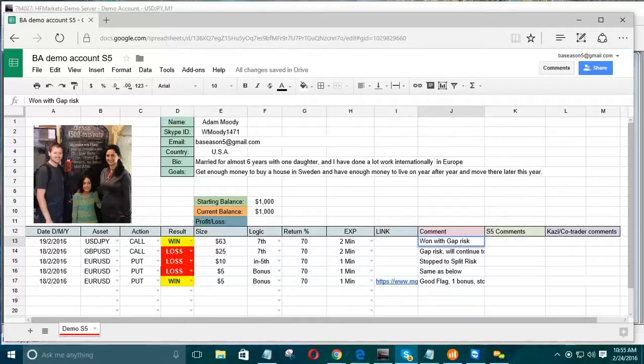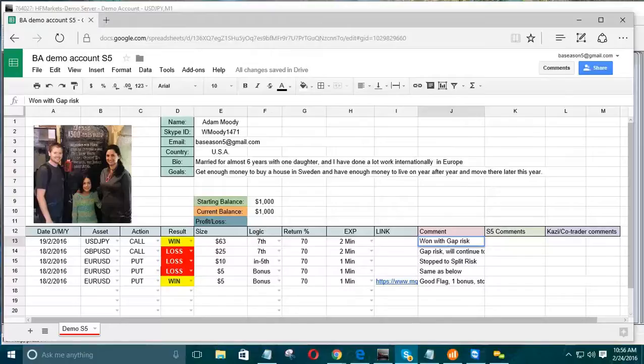Nadeem says, Adam, can we trade our own live accounts and both demo for BA after February 29th? Nadeem, honestly, I would not suggest it. You guys are just starting with Binary Alpha. If I was in your shoes, I would not start trading live yet at all. I would say with Binary Alpha, you need a minimum of 3 to 4, maybe 5 or 6 months before you start trading with real money. You may feel like you can win some trades, but with real money it becomes psychologically different.